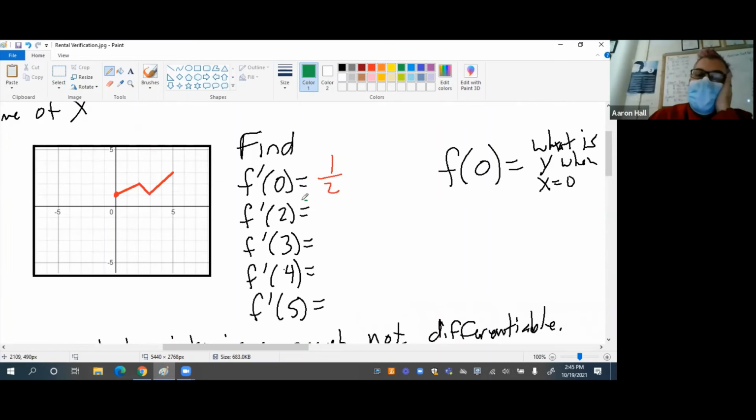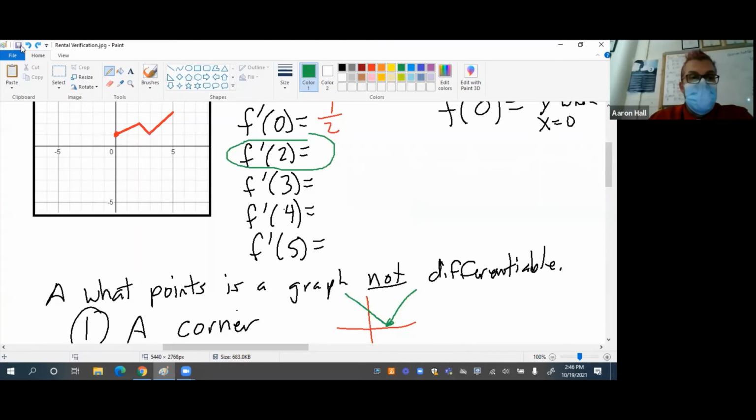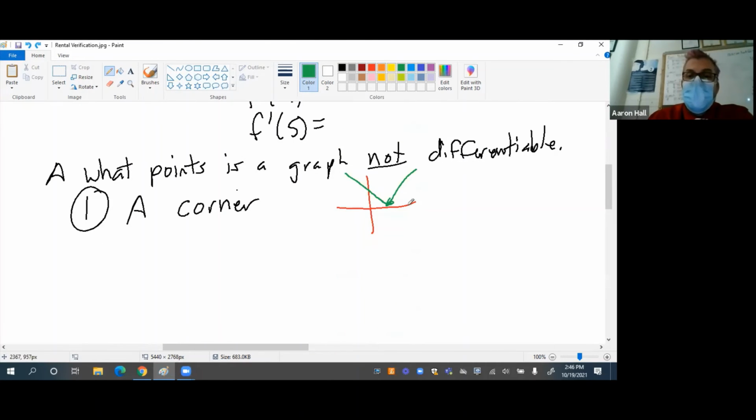Why is this graph not differentiable when x is 2? Yeah, we have two different slopes. We have a positive 1/2 from the left-hand side, and a -1 from the right-hand side. So we have conflicting slopes, so a corner is not differentiable.